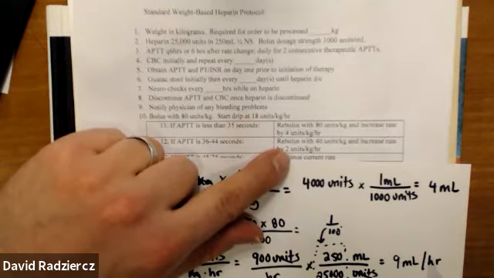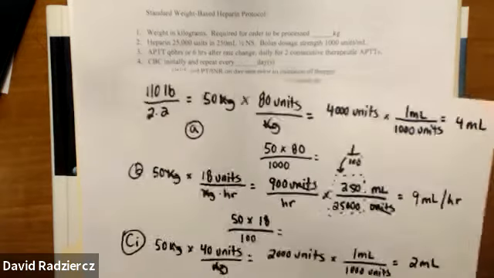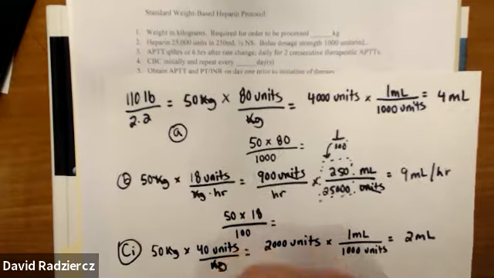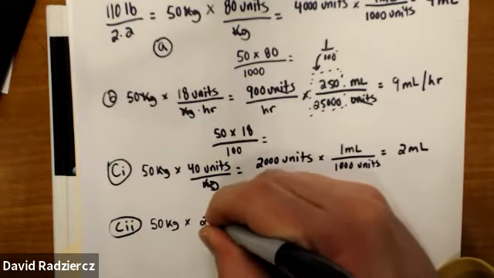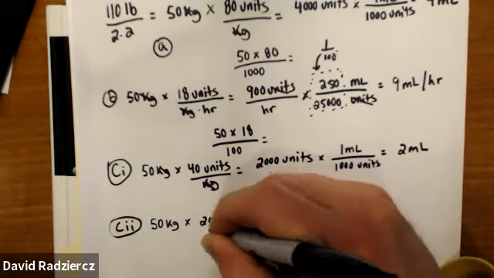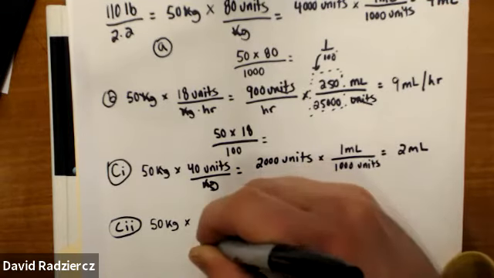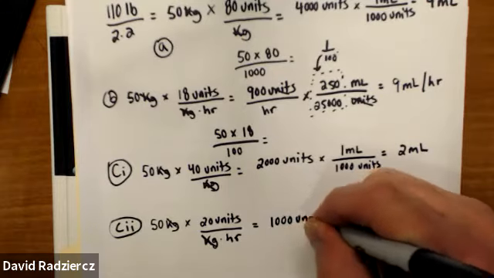So if we're going to increase by 2, 18 plus 2, 20. You got it. 50 kilograms times 20 units per kilogram per hour, and then we get 1,000 units per hour.